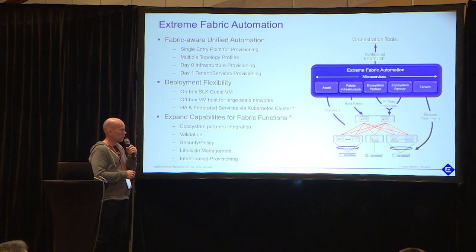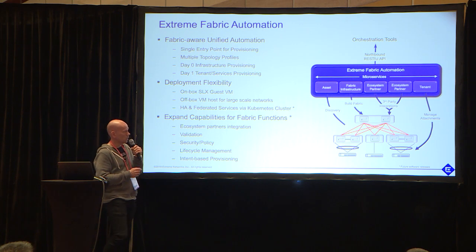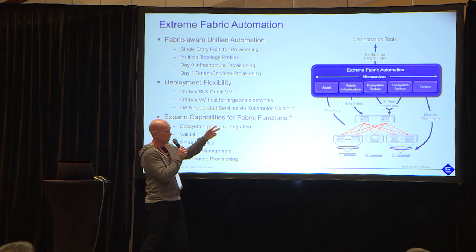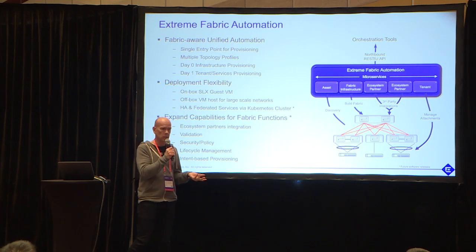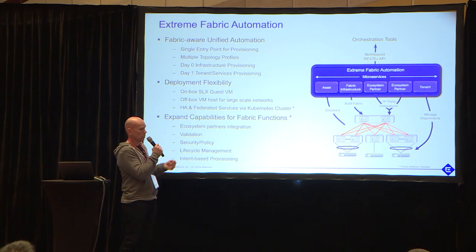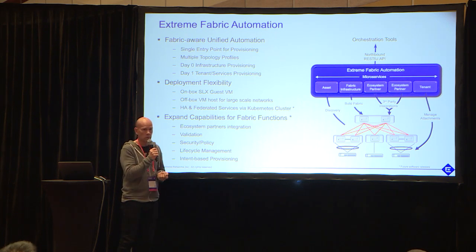So that's an overall overview of the Extreme Fabric Automation. What you can see here is that it's based on microservices. You can see the foundation services as I described. You have your asset services, you have your fabric infrastructure services, and you have your tenant services.